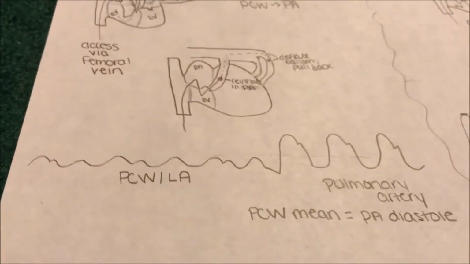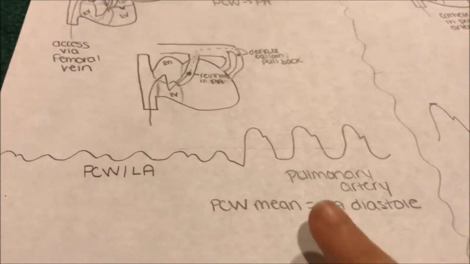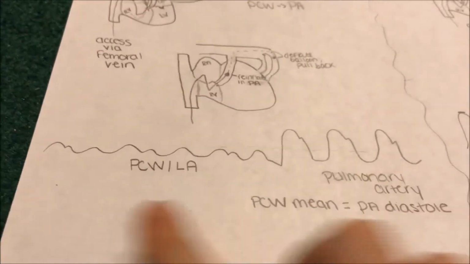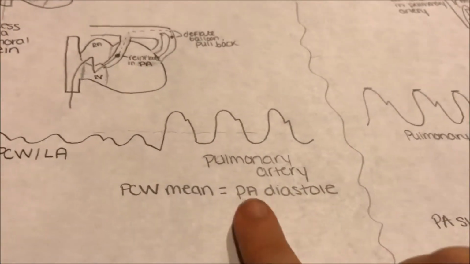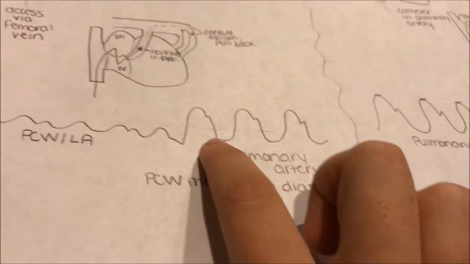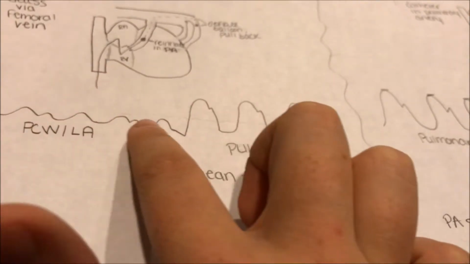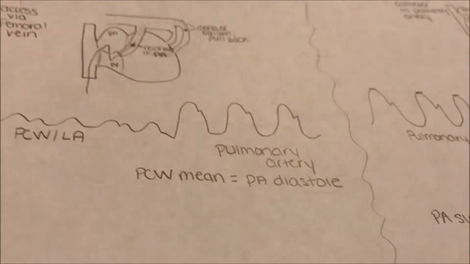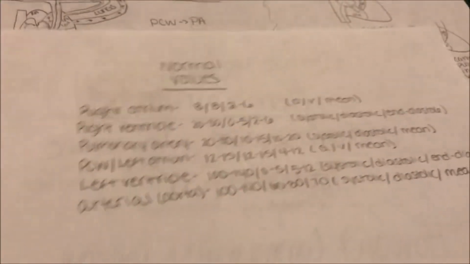Now, I said everything has to correlate at some point, because it's going to be one common chamber. So the PCW mean, which is in the middle, is equal to the pulmonary artery diastolic, which is at the bottom. If we drew a line, the mean should equal the diastolic pressure. Taking a look at this, we have the same thing.